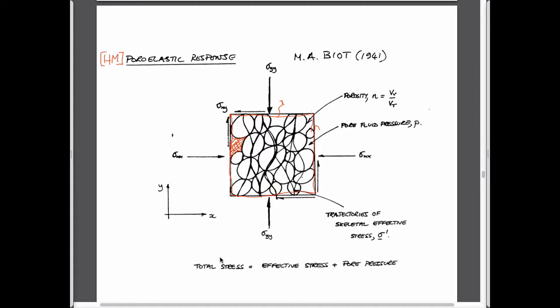The other way coupling is that if you change the fluid pressures in the system, then what that will do is it will change the effective stresses or the intergranular stresses and allow the system to compress.